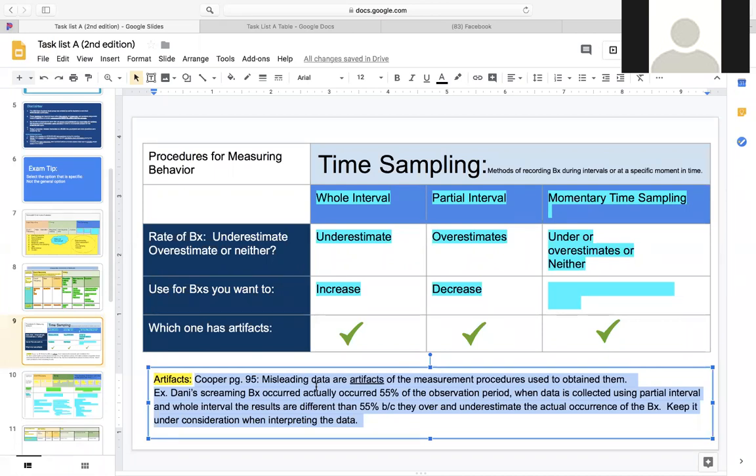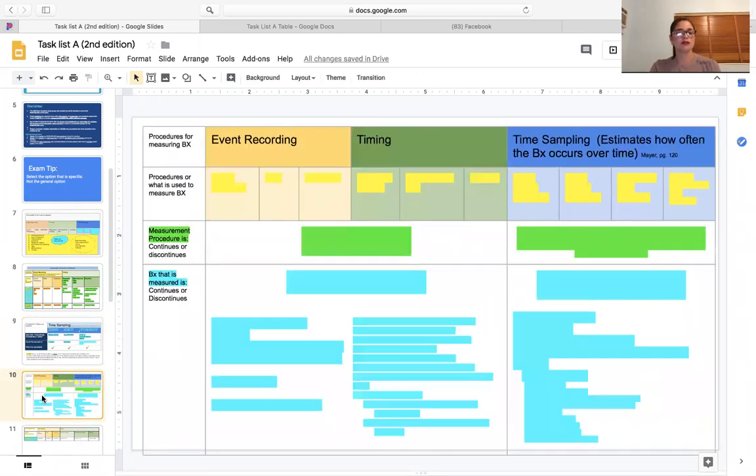It makes the data look low when really the frequency could have been very high. Yes. And that's why they're always going to have artifacts, because you're not constantly observing the behavior. Thank you, I like your explanation.